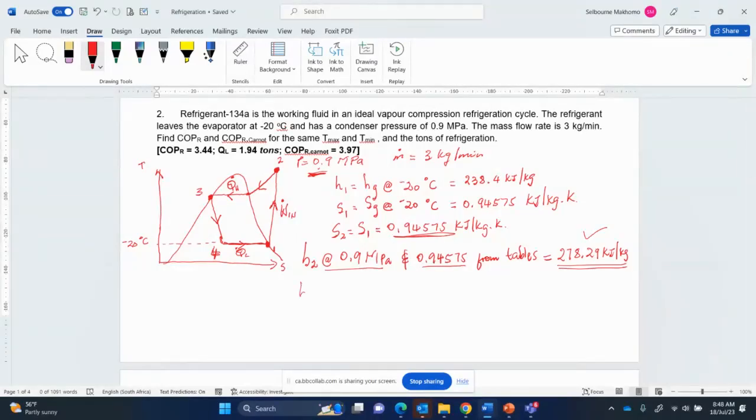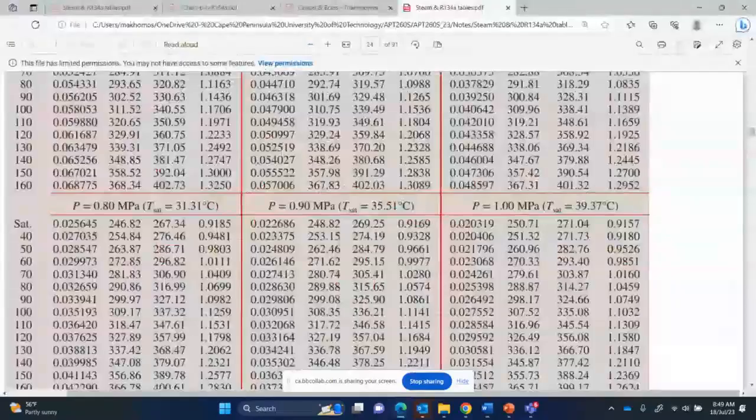So the last one, enthalpy at 3 is equal to enthalpy at 4, which is equal to Hf at 900 kPa. 900 kPa is 0.9 megapascals. Because at 3 the refrigerant is saturated liquid, we go to the pressure tables at 900.